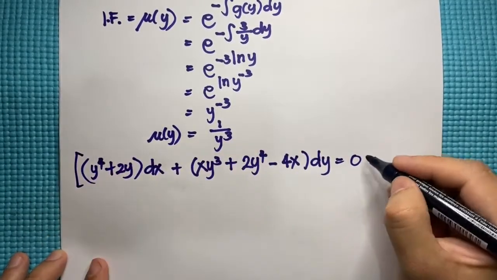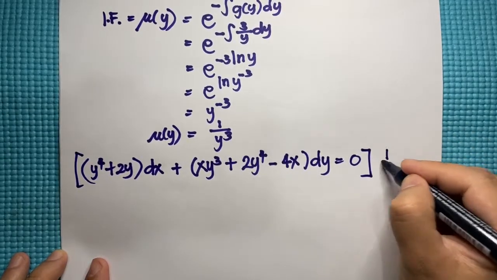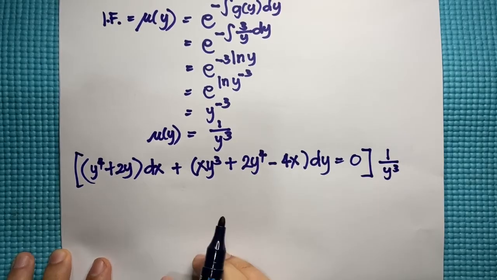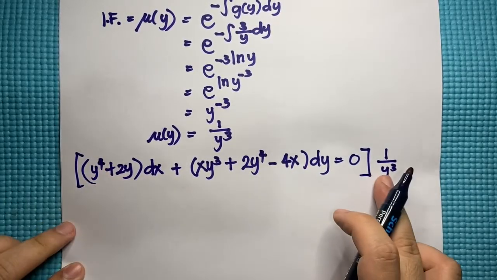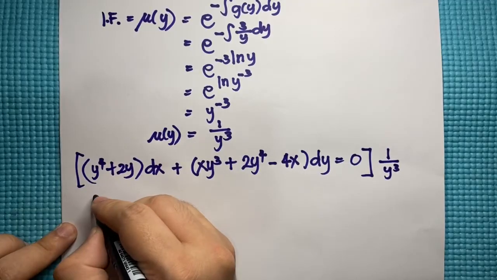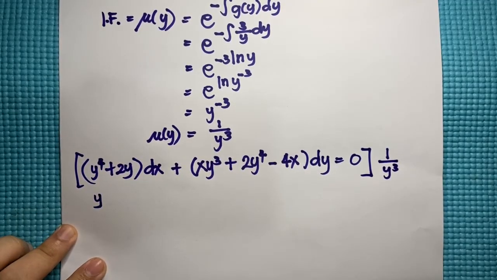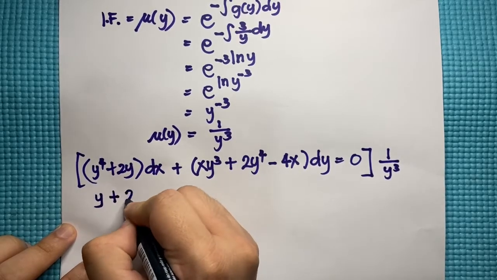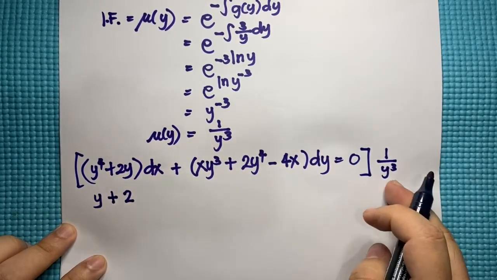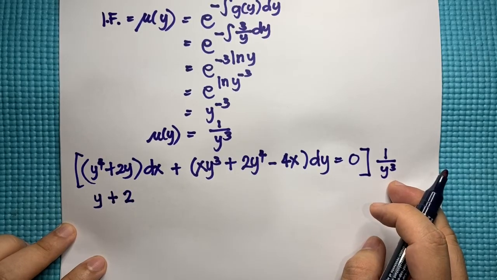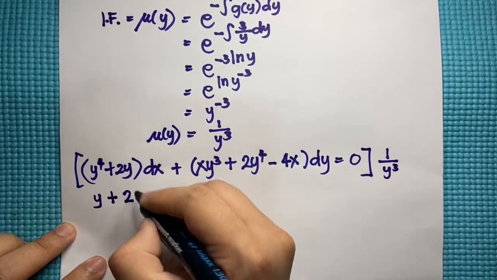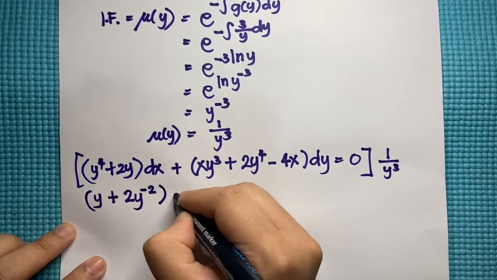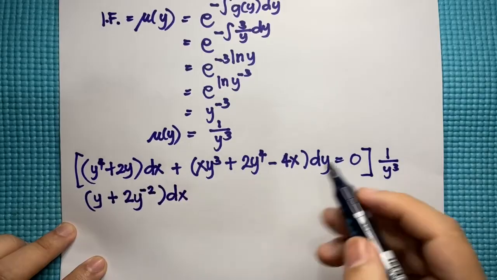So multiply everything by 1 over y cubed. y to the fourth divided by y cubed leaves me a y, and then plus 2y over y cubed, so 1 minus 3, giving me 2y raised to negative 2, multiplied with dx.